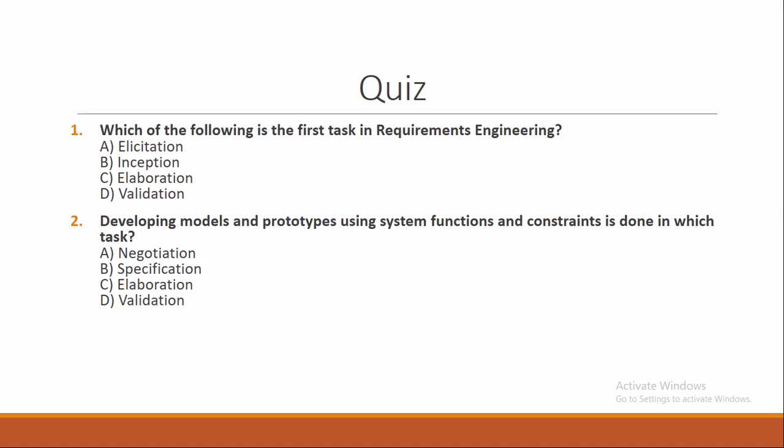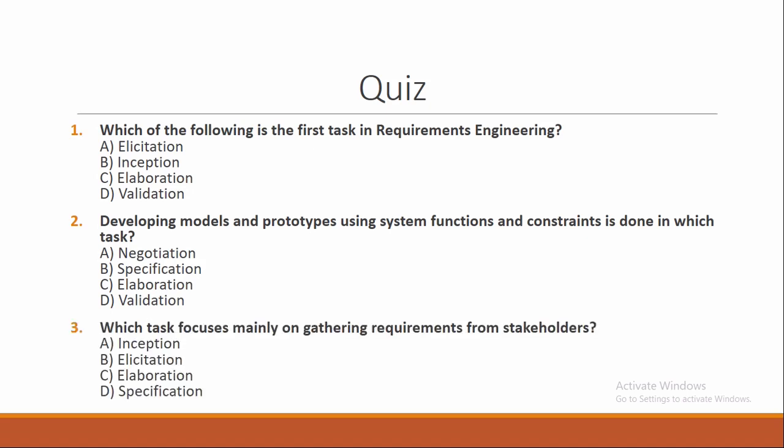Correct, it is elaboration. The last question is, which task focuses mainly on gathering requirements from stakeholders? Option A, inception, B, elicitation, C, elaboration, D, specification. Yes, that is elicitation. Right answer.